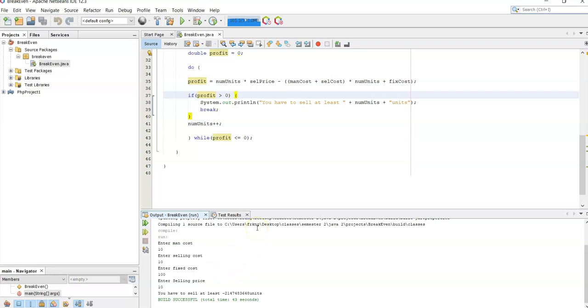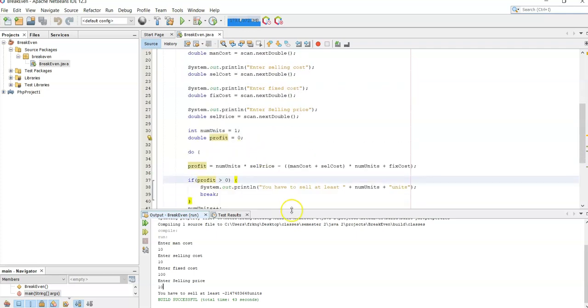Because why? Let's say you produce a pencil, and if a pencil costs you $20, and you sell it for $10, you will lose $10 for each sale, so the program is never going to reach the break-even point, right?